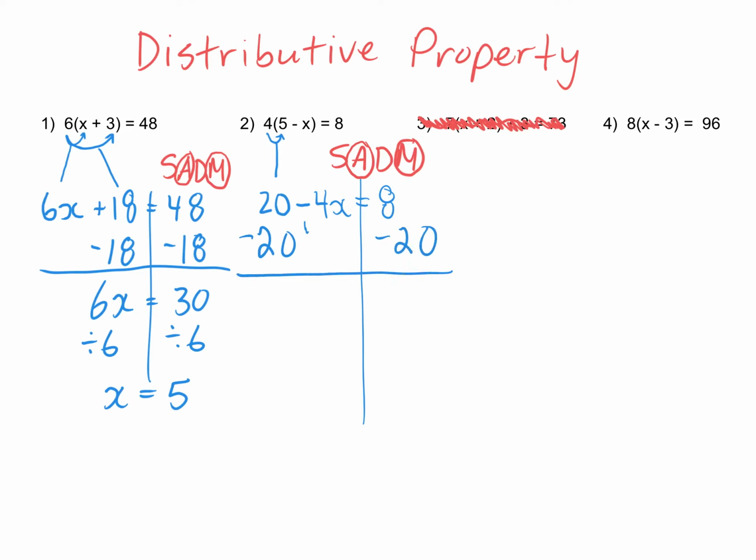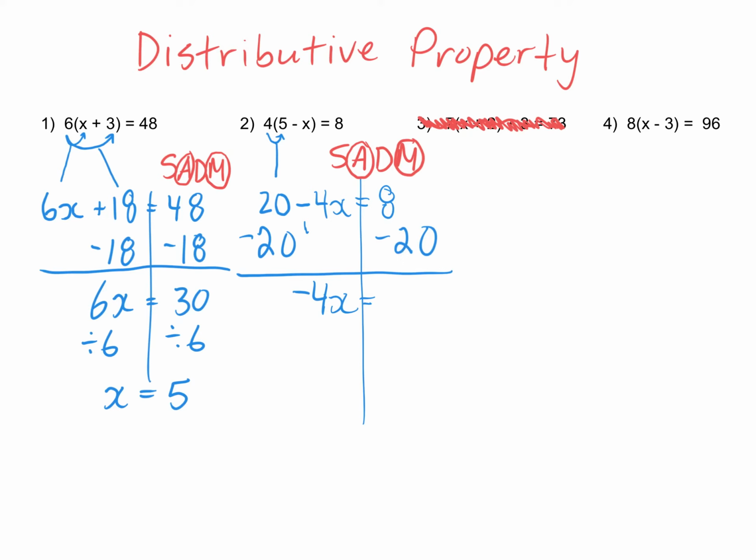Now when these 20s are gone, I have to be careful because I still have negative 4x on this side. So I need to write that, negative 4x. And on this side, we've got 8 minus 20. Now you have to be careful because it's not 20 minus 8, it's 8 minus 20.